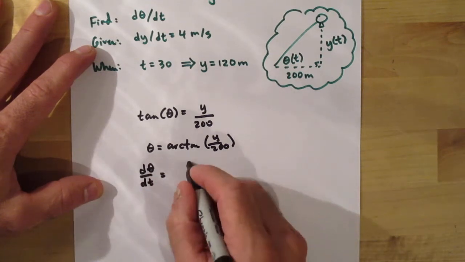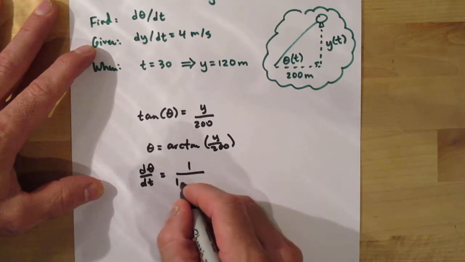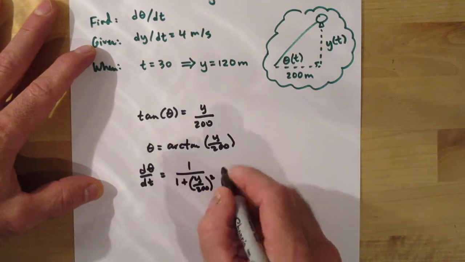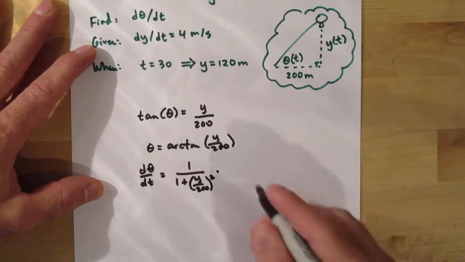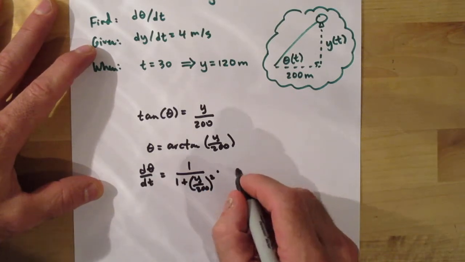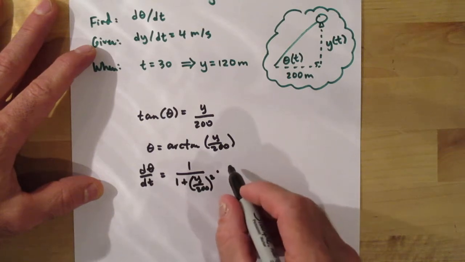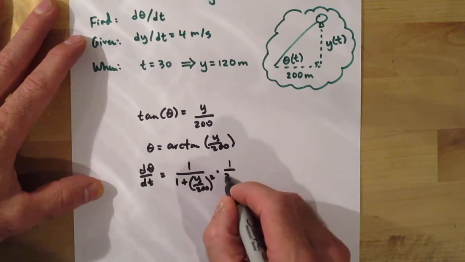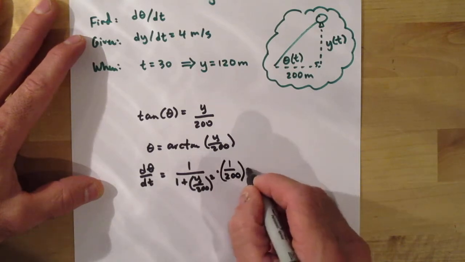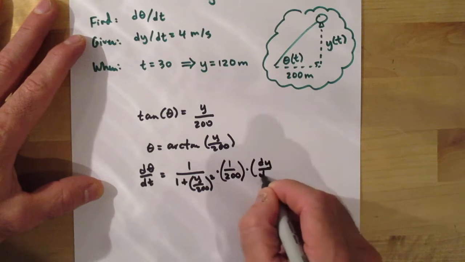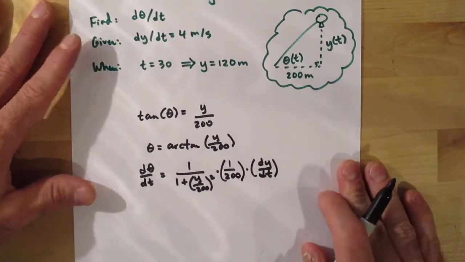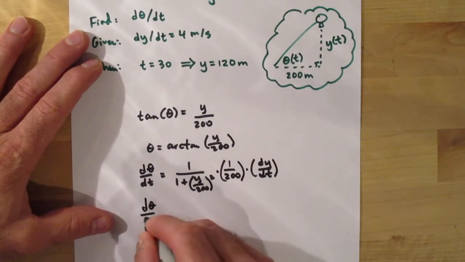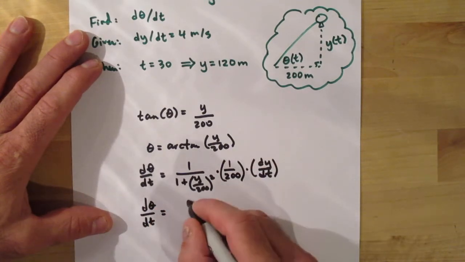On the right side we get 1 over 1 plus y over 200 squared times the derivative of the inside, which in this case will be dy/dt times 1 over 200. Okay, so as we look at this, we're just going to do a direct substitution.